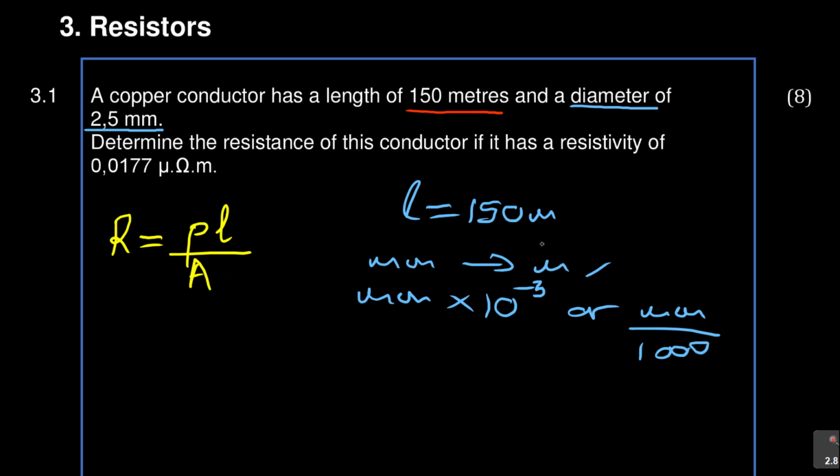It's up to you. Sometimes I prefer dividing by 1,000. So the diameter D in this case will be equal to 2,5 divided by 1,000. Just divide by 1,000, it will convert to meters. So what are you going to have as the answer there? Your calculator will come in handy, and let me see what it is going to give me.